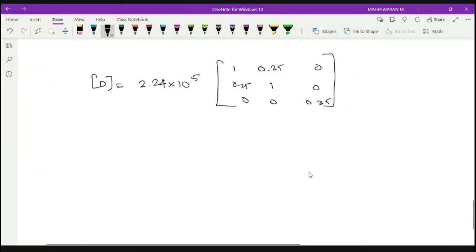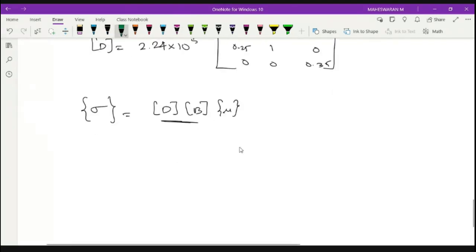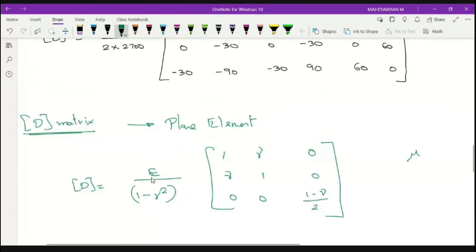Now what I do, I have to multiply. As per the formula, stress is D into B into U. So first let me multiply the D and B matrices. The D matrix, I will write it here: 2.24 into 10 power 5. Let me write the common term first, then I will multiply the other terms later.